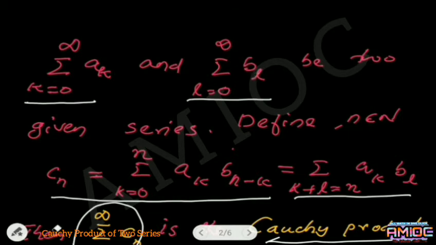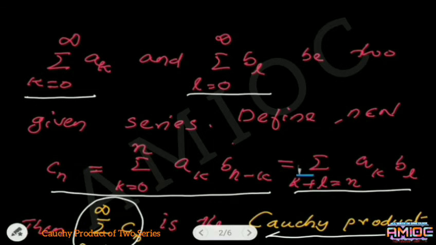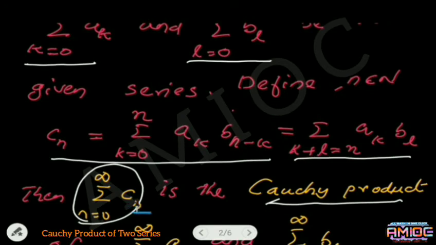The sequence C_n is formed in a particular manner such that C_n satisfies this equation, the product evaluated in a particular manner. In the study of a series, we are especially dealing with the convergence of a series. Here we need to discuss the convergence of this series summation C_n.